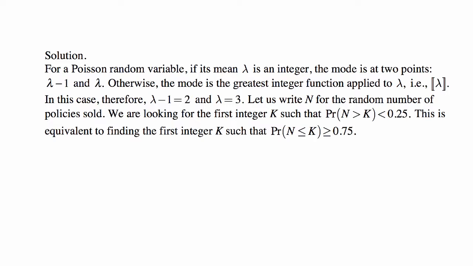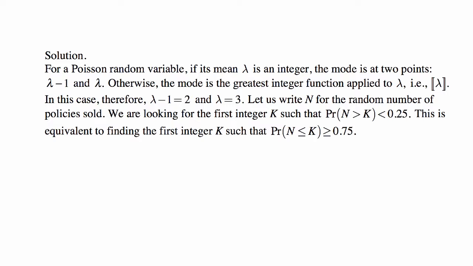And if the mean is not an integer, then the mode is the greatest integer function applied to lambda, so the greatest integer part of lambda. That means basically the integer just next to the left of lambda, because lambda is a positive number.